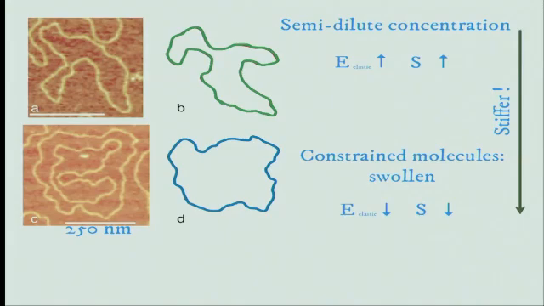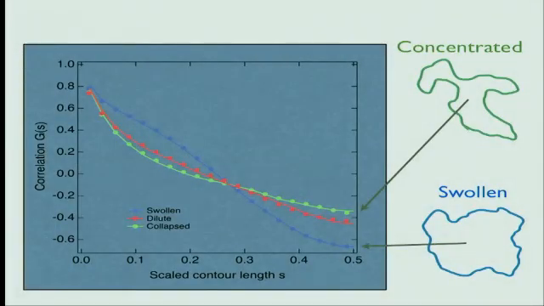So the effect is that the flexibility, or the apparent flexibility, is influenced by the confinement of the molecule. And this is shown clearly when you take the correlation function and compare it with the one that you could simulate for a circular molecule of different flexibility.